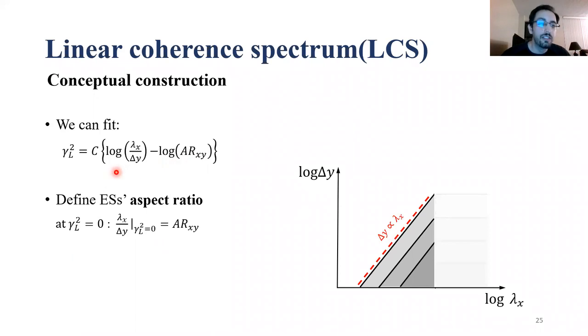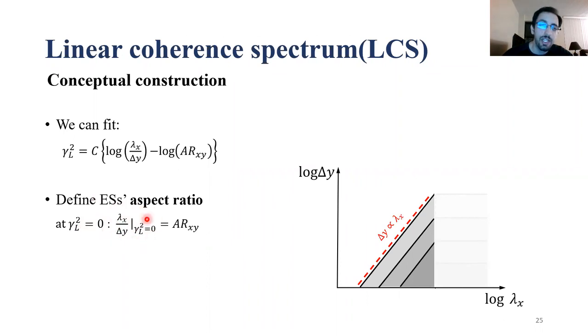In that case, we can fit a curve fit like this to the isocontours, or the coherence surfaces, and by equating the linear coherence spectrogram to 0, we can define the aspect ratio. So aspect ratio, as was defined first time, I guess, by Bars et al., is obtained when we equate this equation to 0 and find lambda x by delta y at this value.